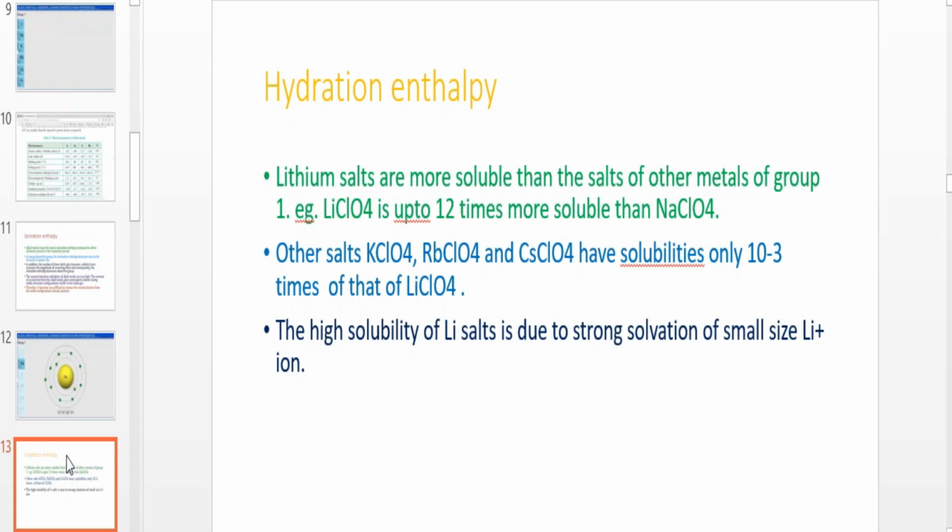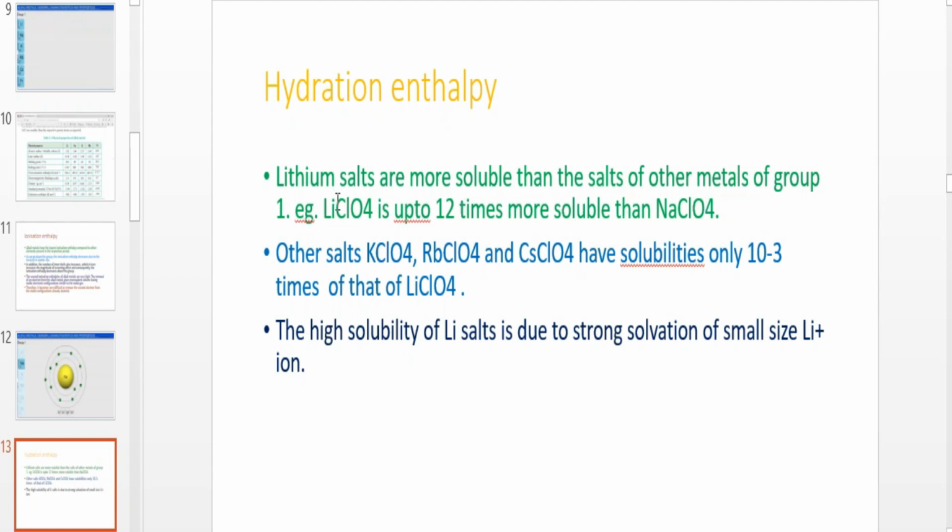Next one is hydration enthalpy. What do you mean by hydration enthalpy? When a compound of an alkali metal is dissolved in water, the energy required to dissociate the ions in the water solvent is called hydration enthalpy. Here, lithium salts are more soluble than those of the other metals.